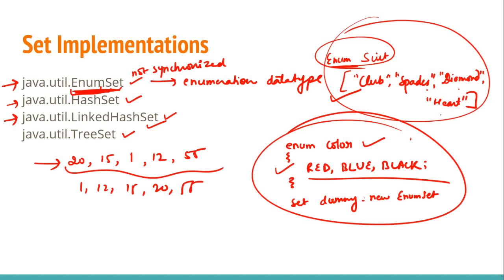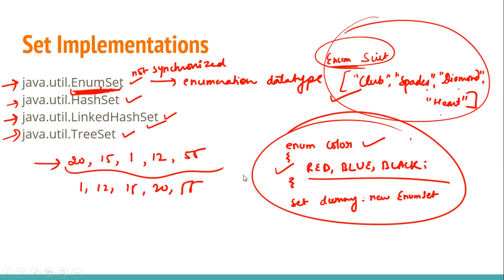All right, and finally tree set. Now where do we use tree set? Again, set, so unique elements, but where do we use it? If we want our elements to be in sorted order. Okay, that is the case where we use a tree set. Let's say you entered all these elements: 20, 15, 1, 12, 55.